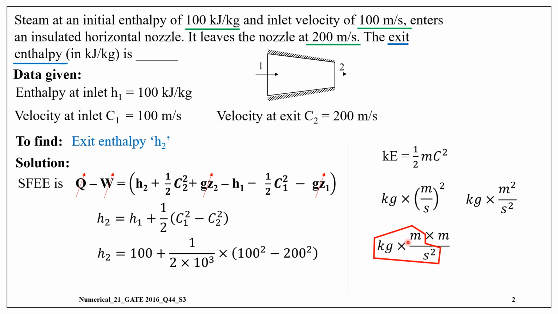kilogram meter per second square can be written as Newton. Kilogram meter per second square is 1 Newton. And this yields Newton meter, and 1 Newton meter is equal to joules.